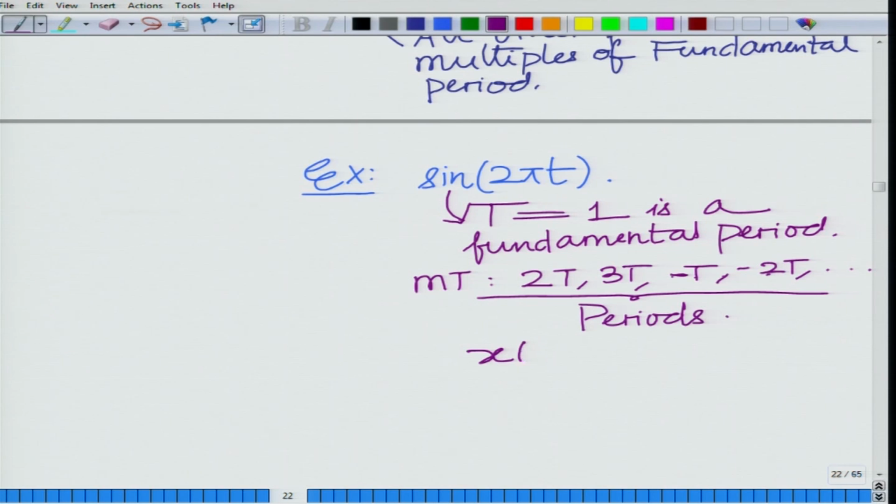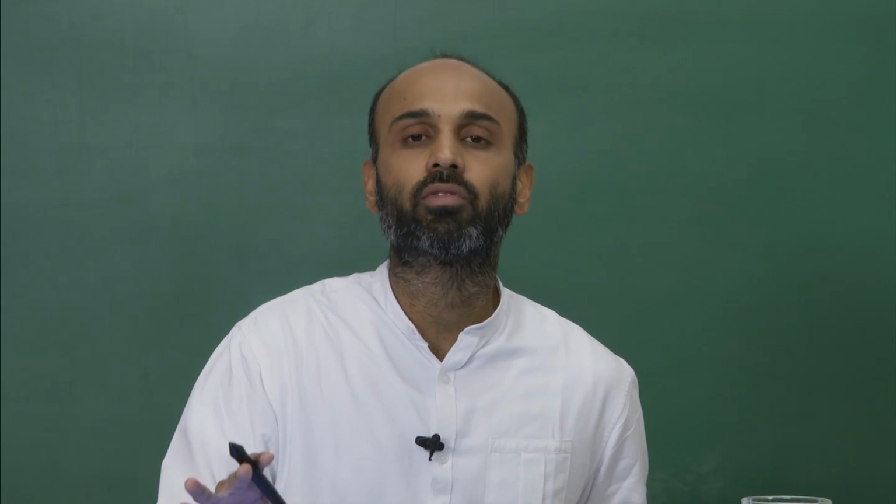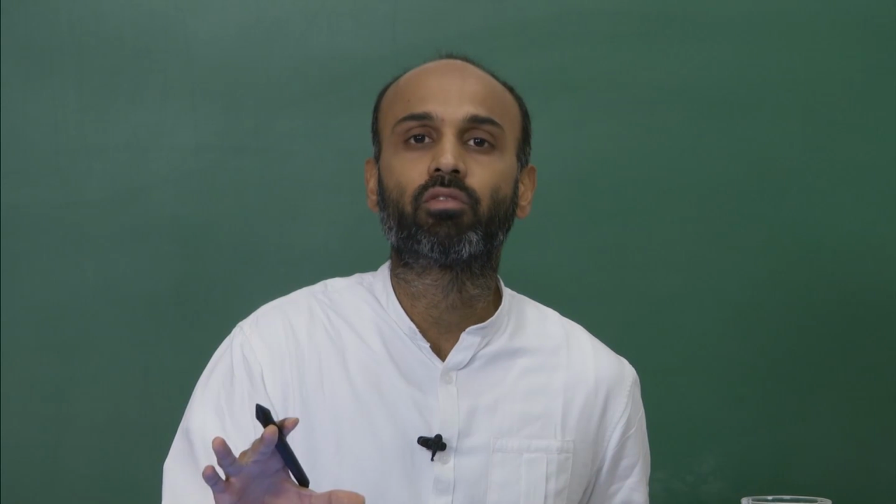Here T equal to 1, so 2, 3, minus 1, minus 2, etc. are also periods, because sine of 2 pi times t minus 1 or sine of 2 pi times t plus 2 is also equal to sine of 2 pi t. Okay. So any multiple of the fundamental period is also a period, and the fundamental period is the smallest possible duration such that x of t plus capital T, that is the fundamental period, equals x of t for all time instants.